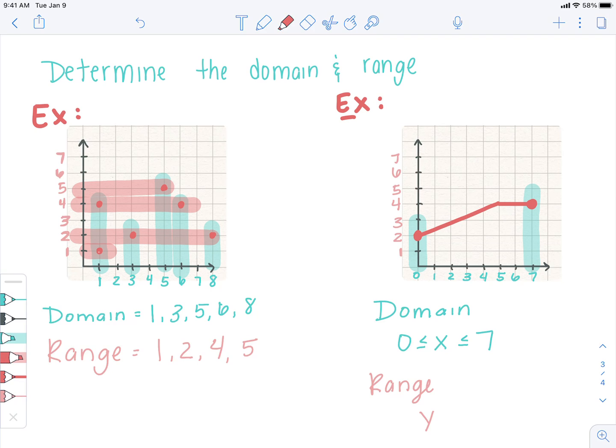I see that my graph starts at 2. So my first y value, or the lowest y value, is 2. And then my graph keeps going up until it gets to this endpoint, and my endpoint is at 4.